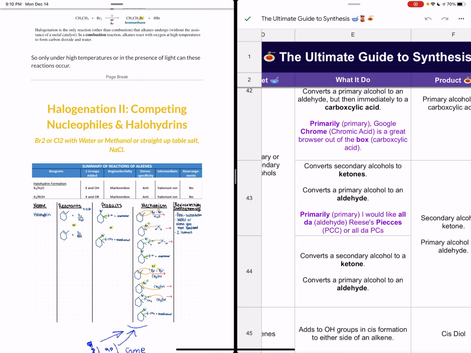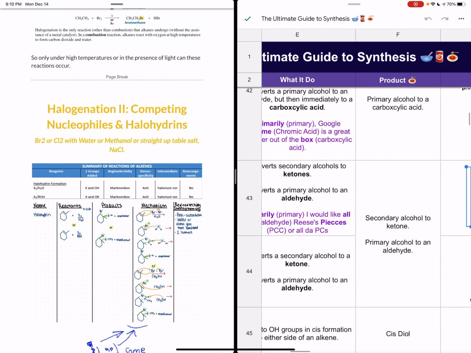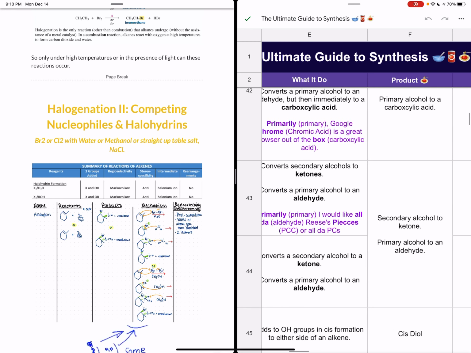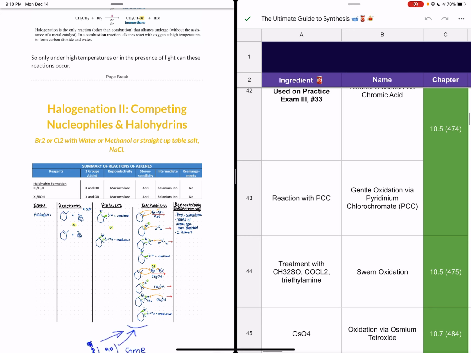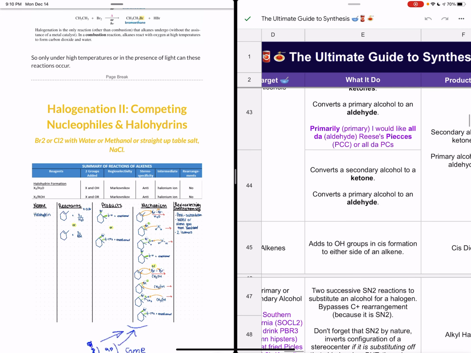That's for primary. Even if you forget that it's a primary alcohol, you have already remembered that secondary alcohols, because you're not going to grab your keys for 1 second while you're drinking alcohol, make ketones, okay? Tertiary alcohols, I believe, aren't involved in these oxidation reactions, okay? So that's not too bad.